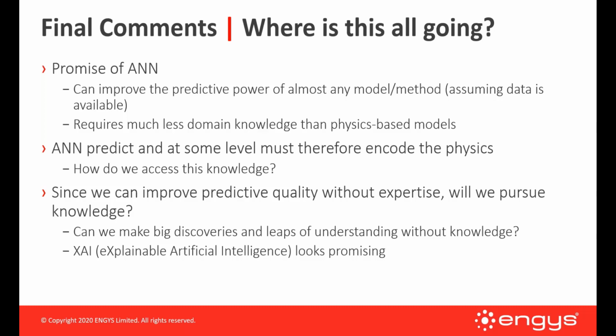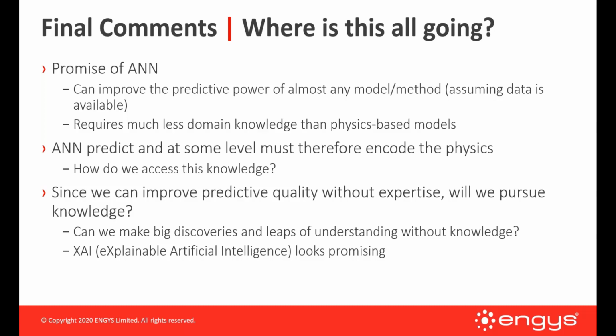We understand that if it can predict outside of its training environment, then it must encode some of the physics. It must contain some knowledge, and that's really where the challenge will lie, I think, in future: how to get the knowledge out of these neural networks, how to understand what's going on rather than just blindly predict what is going to happen.